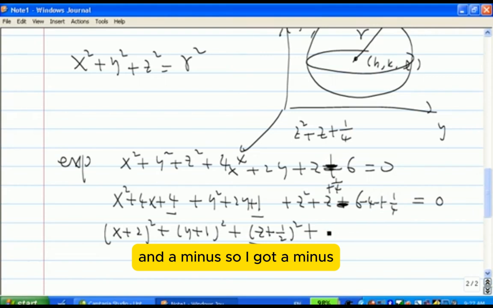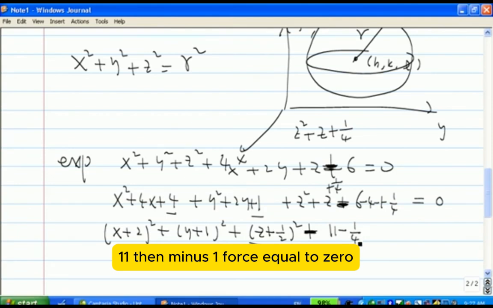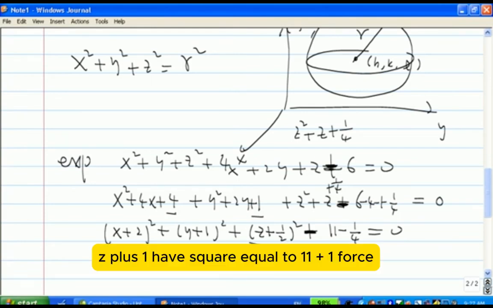And then minus 1/4, equal to 0. Let me simplify this a little bit. z plus 1/2 squared equal to 11 plus 1/4.